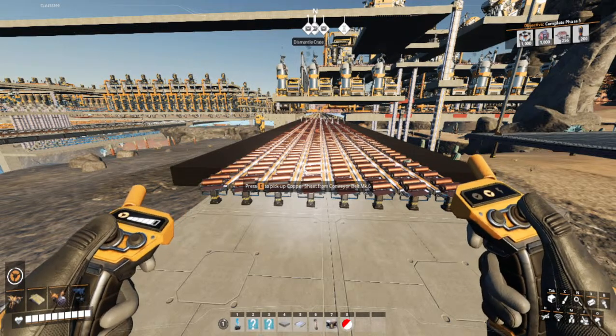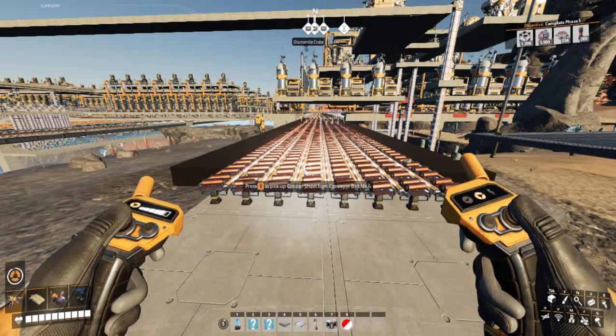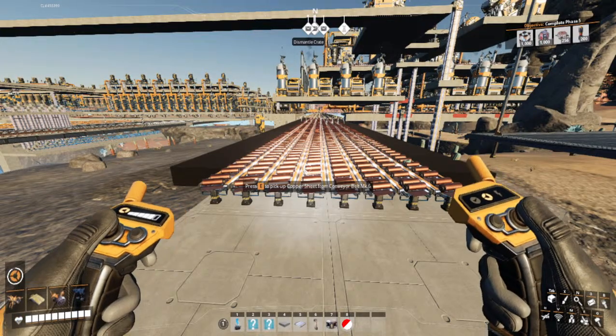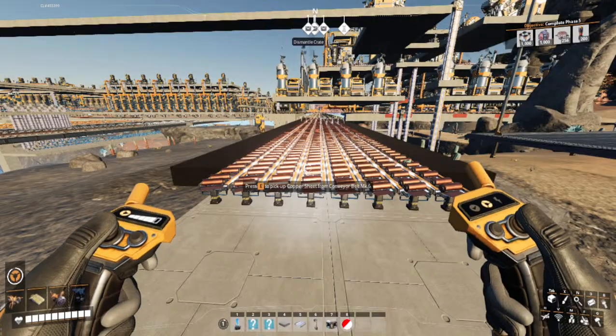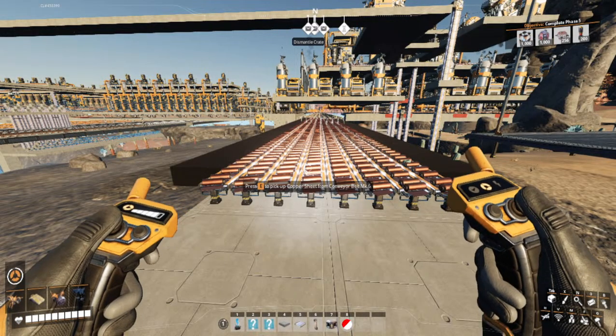And some grouping of 8. So I need 8 sections of those guys. 20 machines. 20 machines.